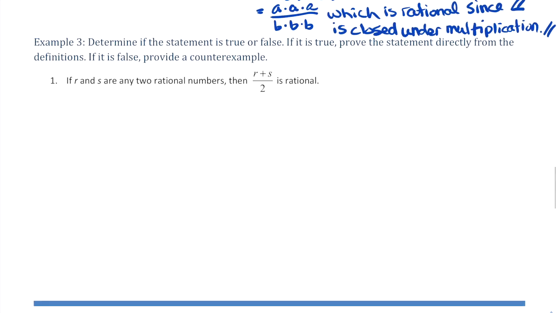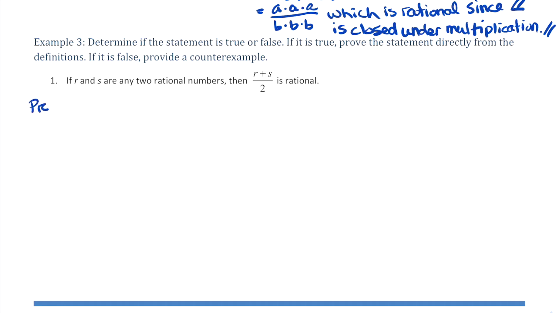All right. So example 3, part 1. So these kind of all go together. If R and S are any two rational numbers, then R plus S, that quantity divided by 2, is rational. So this is already in our if-then statement. So we're ready to go.